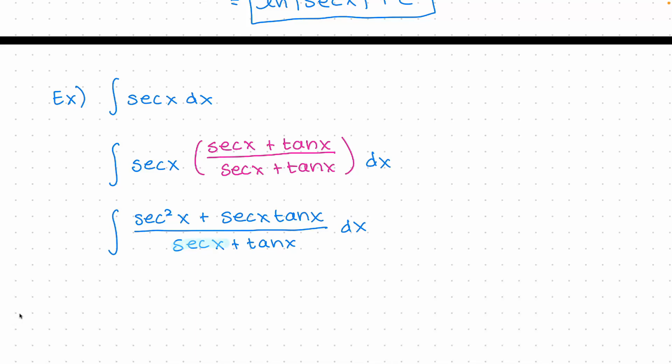The derivative of secant is secant tangent, and the derivative of tangent is secant squared. The derivative of the bottom is in the top, so it's just the natural log of the bottom. So it's a natural log of secant plus tangent. It's kind of sneaky. Boom, boom.